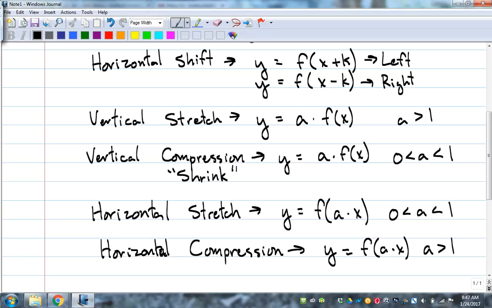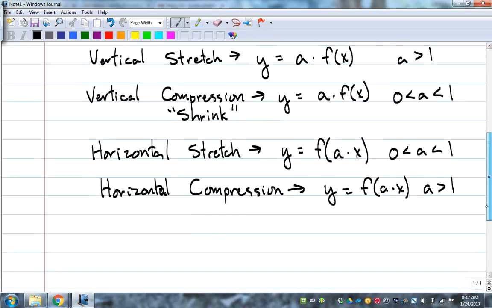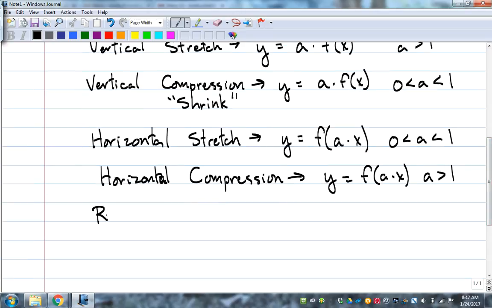If you double all the x values, it's going to be a horizontal compression. A bigger number in there, it's the opposite. It's compression when it's a big number, shrink. And on the outside, it would be a stretch. All right, and then the last things that we could deal with are reflections.